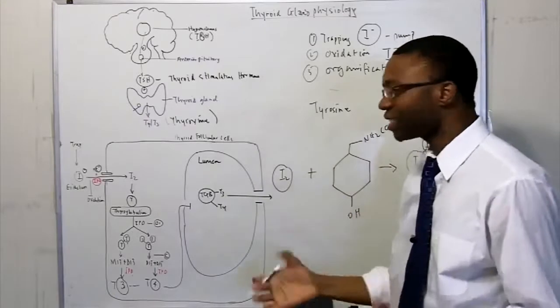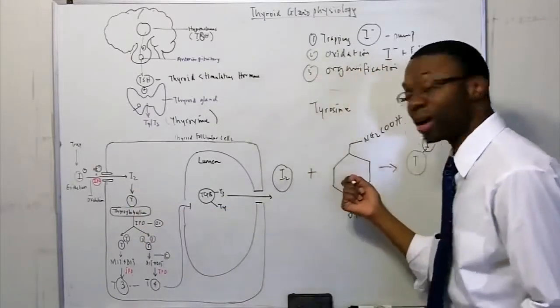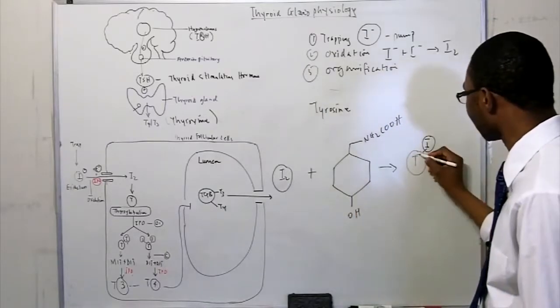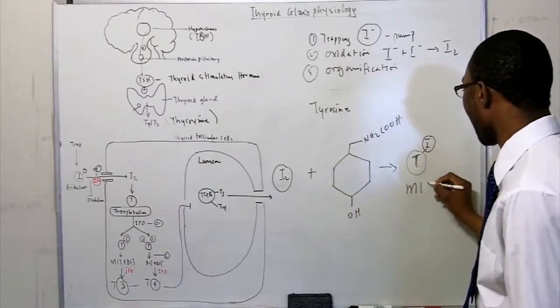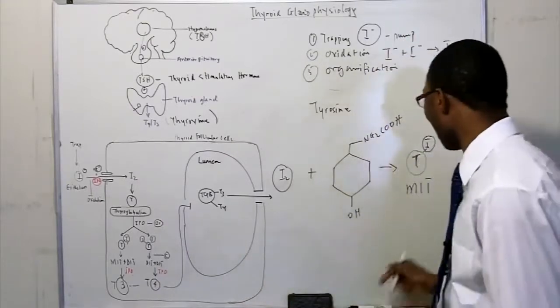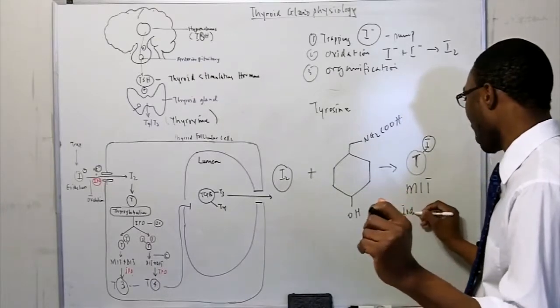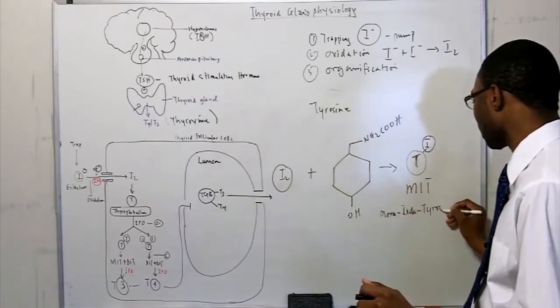organification, which is a fancy word for taking the iodine and adding it to the tyrosine amino acid to form MIT. Well, it's not Massachusetts Institute of Technology. This is called mono, means one, iodotyrosine.